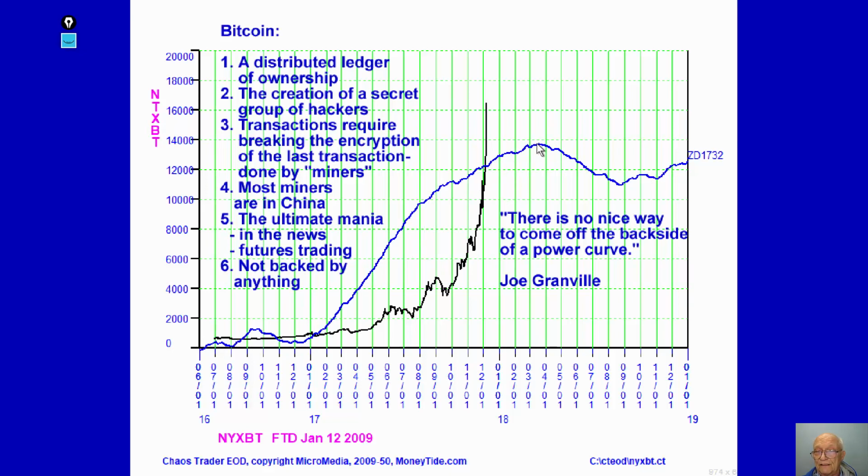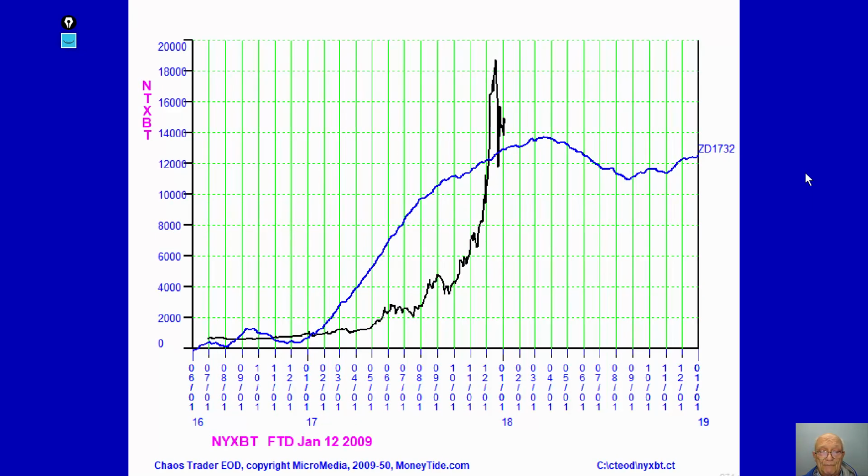It does not show the power curve, but it shows energy peaking in a couple of months. After I gave the presentation in December, this is what happened to Bitcoin. It made the news. The first week it traded on the Chicago Mercantile Exchange, prices dropped 40%. Now they're kind of chopping around.